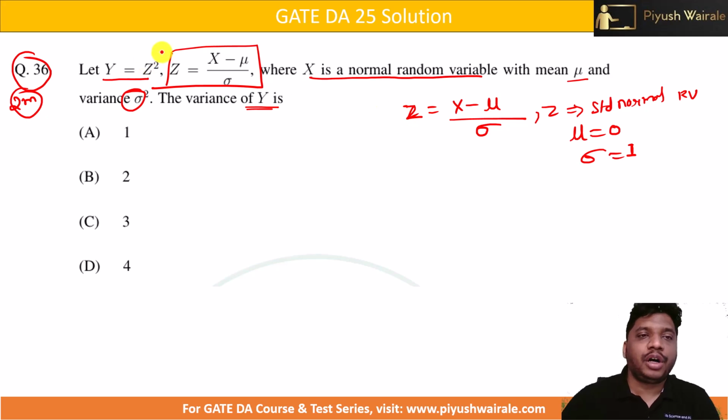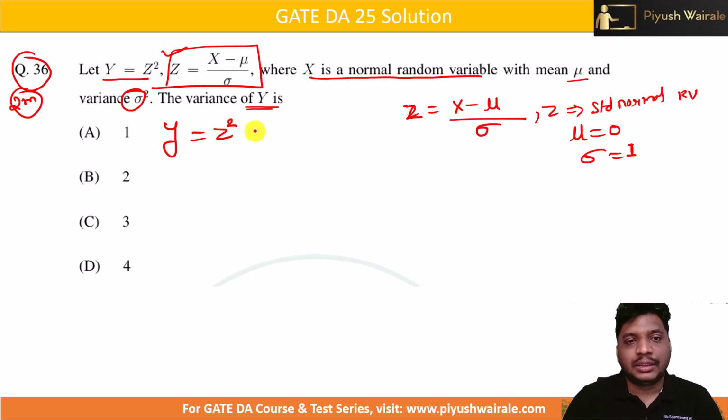So from the given information we can say that z is a standard normal variable having mu 0 and deviation equal to 1. Now what we need to find is the variance of y equal to z square. If z is a standard normal variable and we take a square of that, what is this?